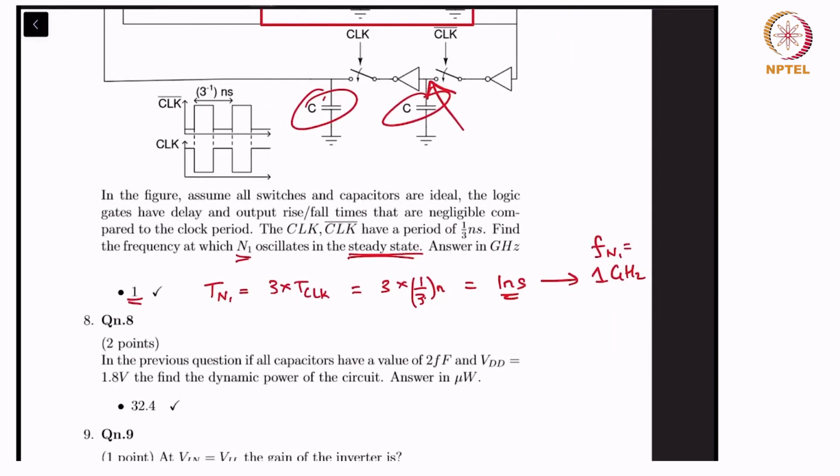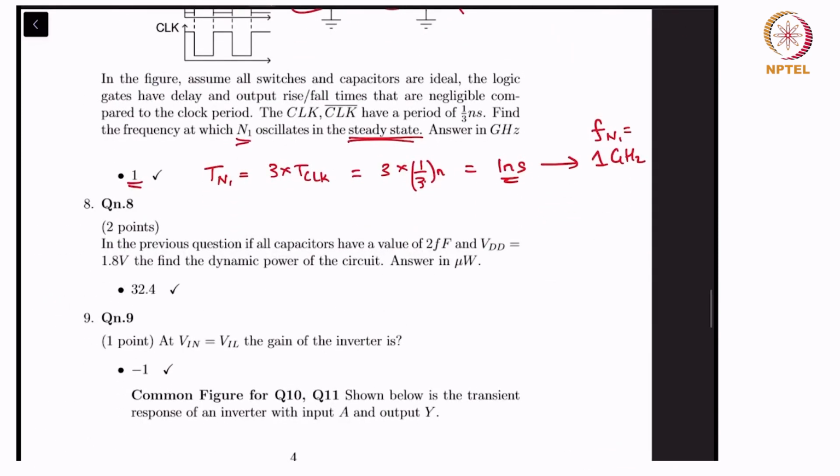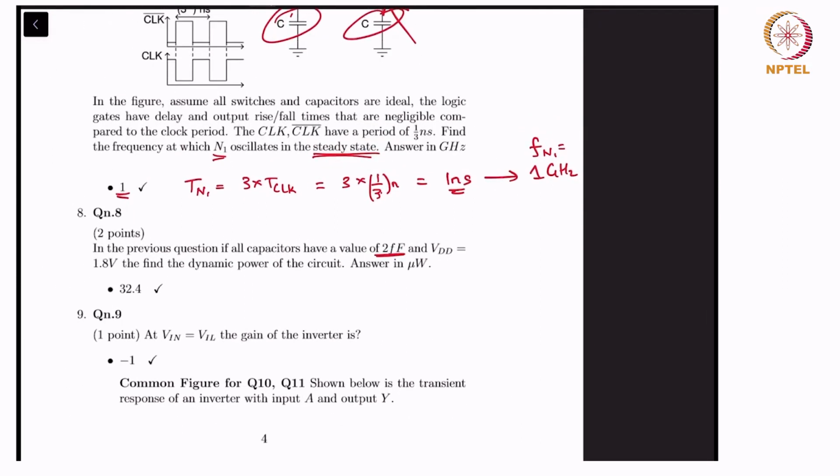And so if all capacitors have a value of 2 femtofarad, now it's just C VDD squared F. C is 2 femtofarads, VDD is 1.8 volts, so it's 1.8 squared, and F is 1 gigahertz.